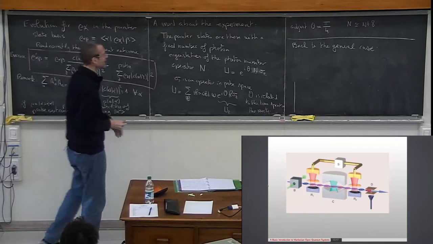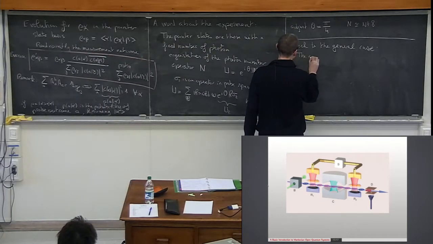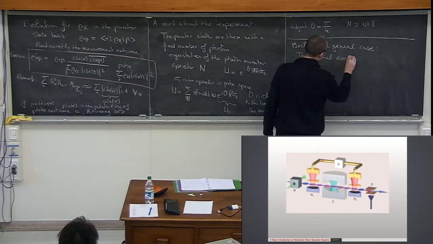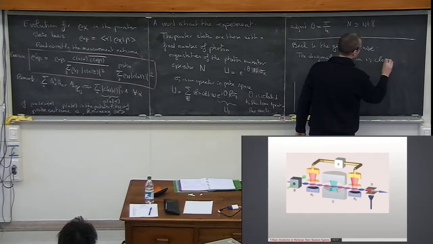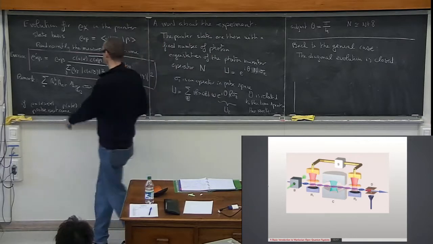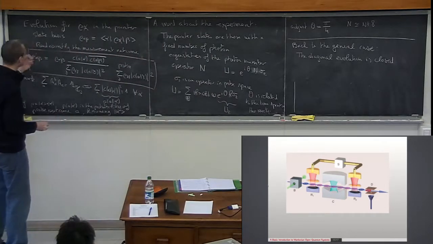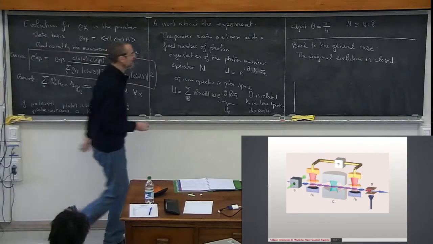The first thing is that the diagonal is closed. By this I mean that if you look just at the diagonal components, you never need non-diagonal ones to get into it.